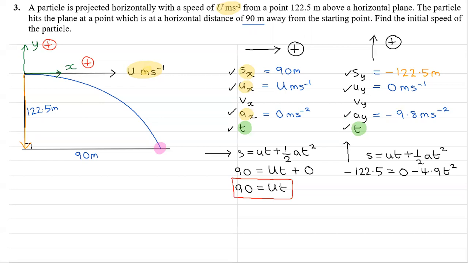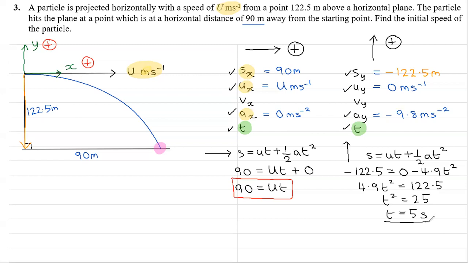Let's just make everything nice and positive. So we're going to have 4.9 T squared is equal to 122.5. If we divide through, we get T squared is equal to 25, which means that T must equal 5 seconds, which has worked out rather nicely. That's exact. So that's good.